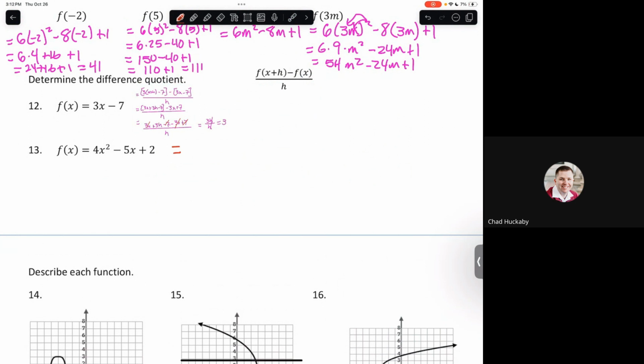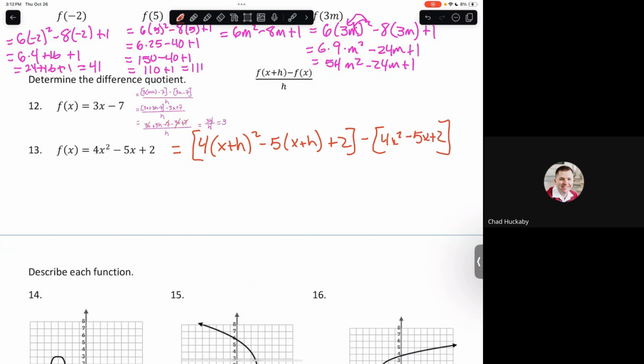So that's 4 times x plus h squared minus 5 times x plus h plus 2 minus just the original function 4x squared minus 5x plus 2 all over h. So that's our first step.